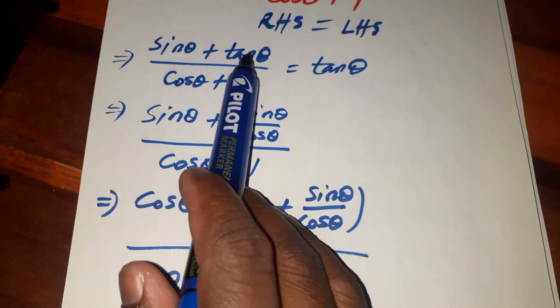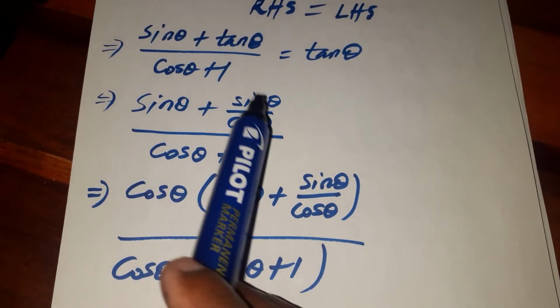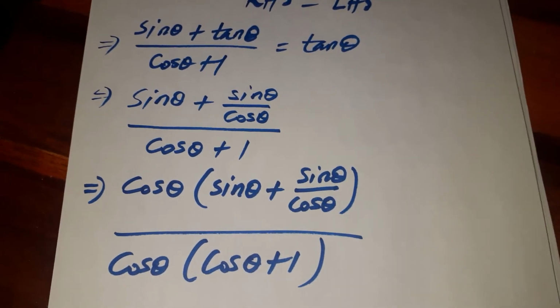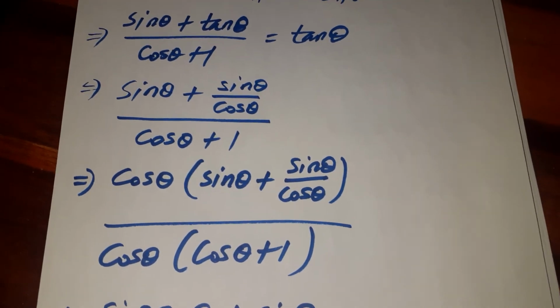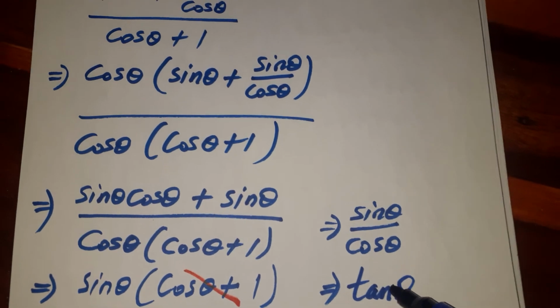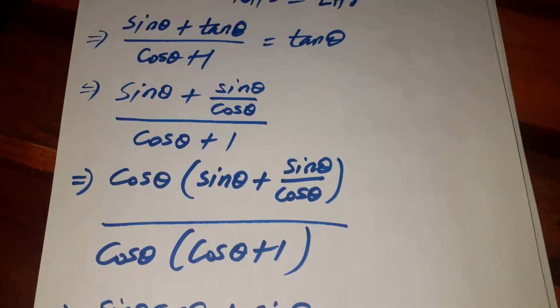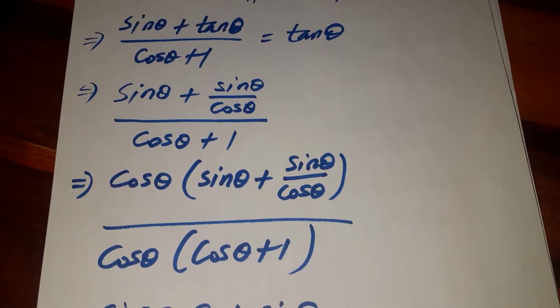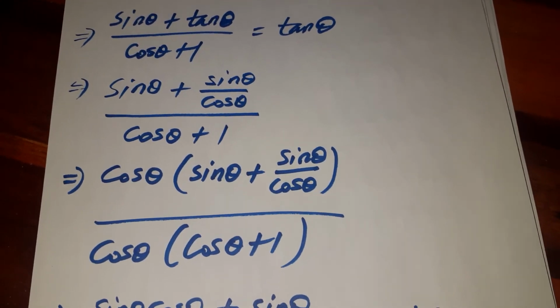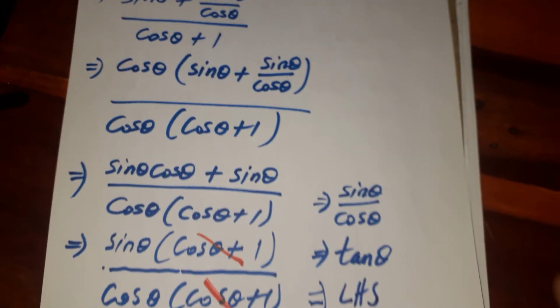We rewrote tan theta in terms of sine theta over cosine theta, therefore we can write this as tan theta. What we are getting here is exactly what we have there. Then we can now write that this is the end of the proof. This is what we have on the left hand side.